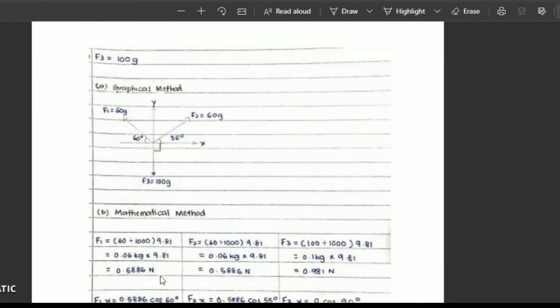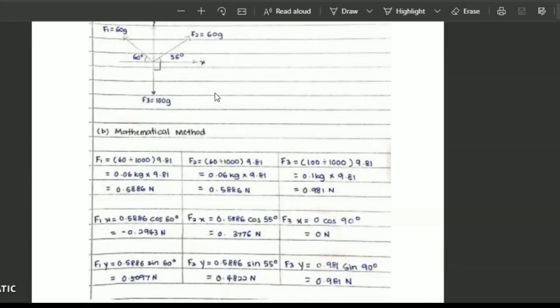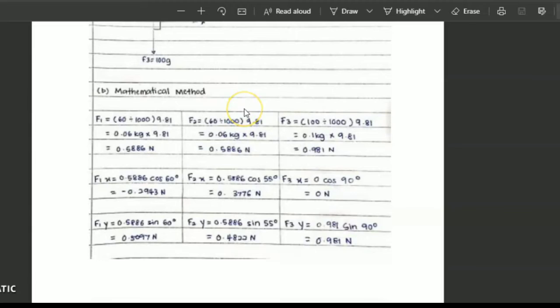So this is table 2. Table 2, first 3 we got 100 gram. So this is a graphical method. So for mathematical method, we still use the same formula.